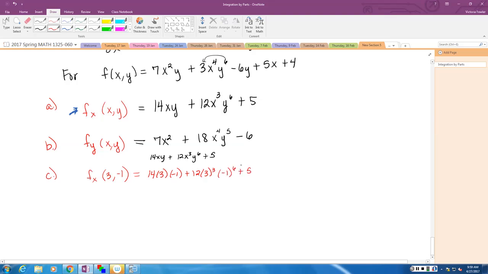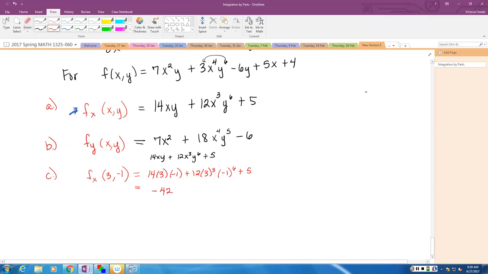Right, so everywhere there's an x, you're putting in the value 3. Everywhere there's a y, you're putting in a -1. So what is 14 times -3? 42. Okay, so -42.